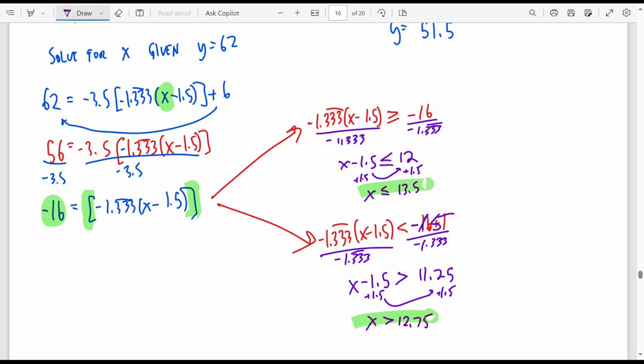As in, basically, I can say that it is 12.75 all the way to 13.5 including. That is the domain of that step.